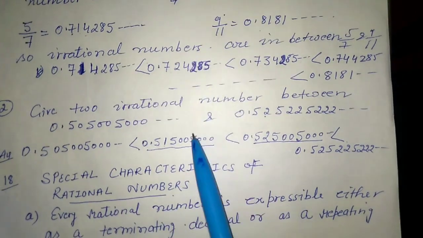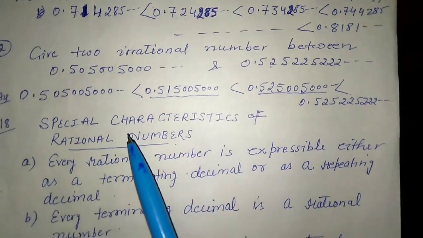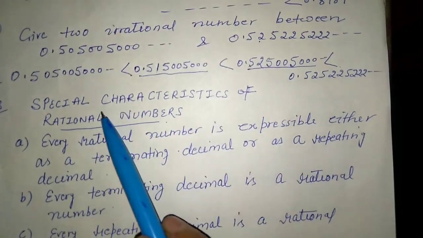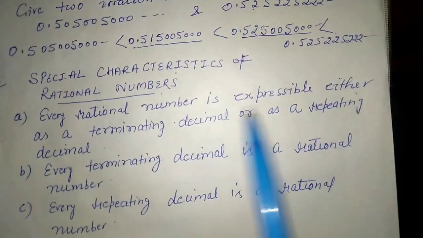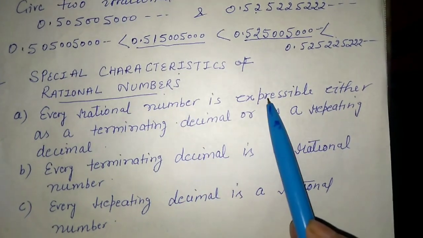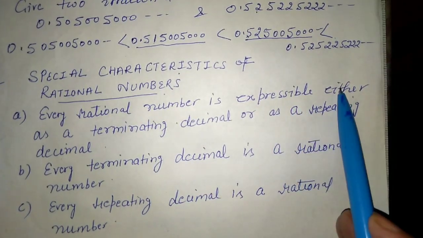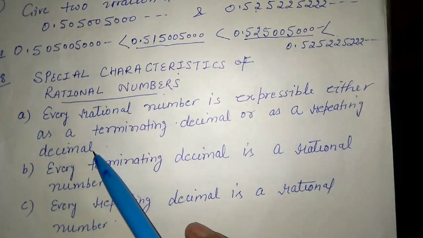So how can we find this? Two irrational numbers between two rational or irrational numbers. Now some special characteristics of rational numbers, so you can directly find the answers. Every rational number is expressible either as a terminating decimal or a repeating decimal.